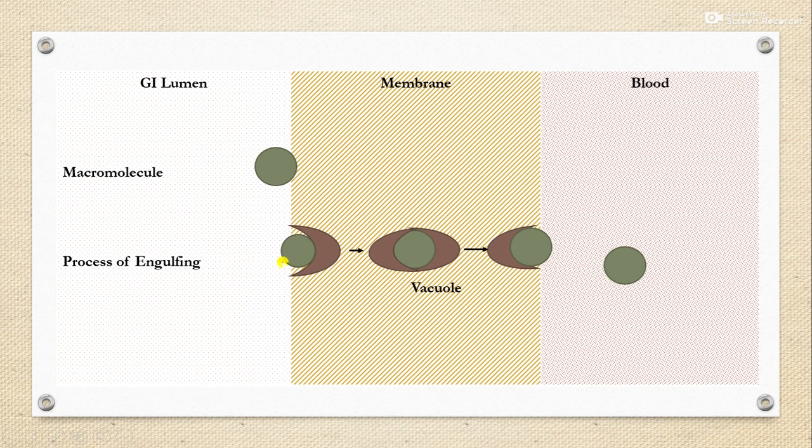This macromolecule is engulfed by a segment of membrane to form a vacuole, and then this vacuole is traversed to the other side of the membrane, releasing or pinching off the drug molecule or macromolecule to the other side, that is, into the blood.